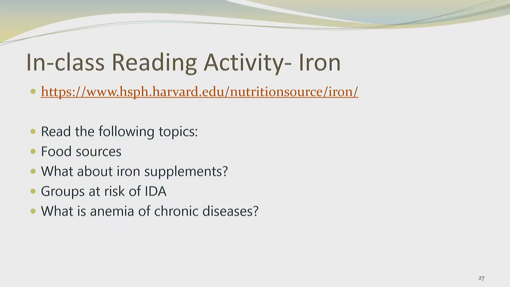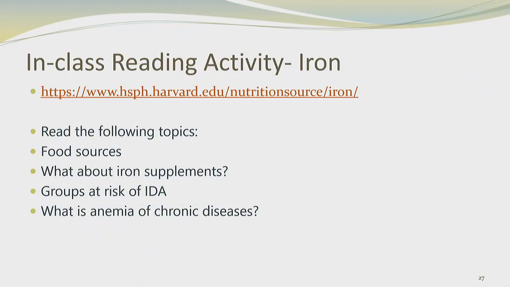So we've seen animal source foods versus plant source foods. Which ones are good sources of heme iron and which ones are sources of non-heme? Animal sources are good sources of heme iron, and plant sources are typically non-heme.